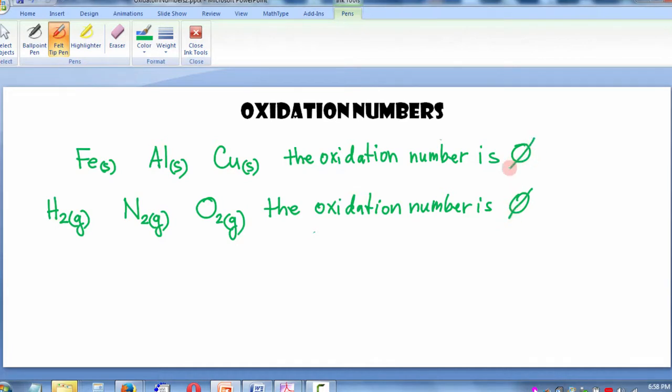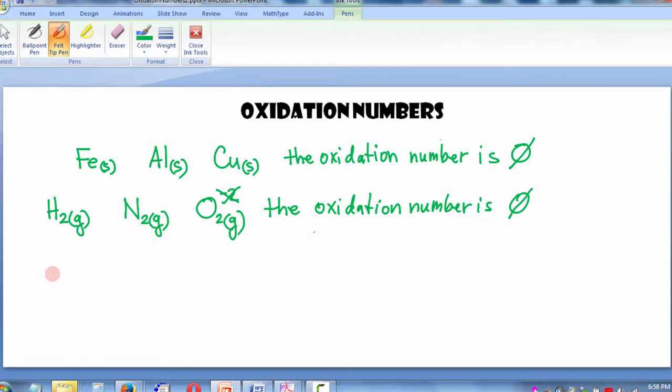Let me draw a line through that so you don't confuse that with oxygen. Don't say diatomic oxygen is minus 2. That is incorrect. Its oxidation state or oxidation number is 0. Okay?